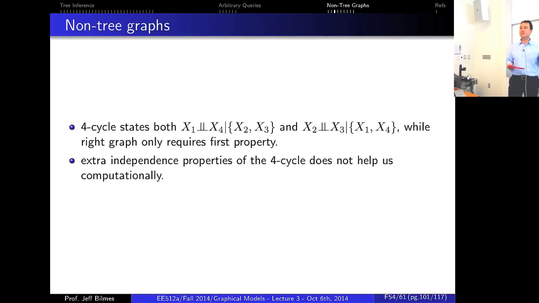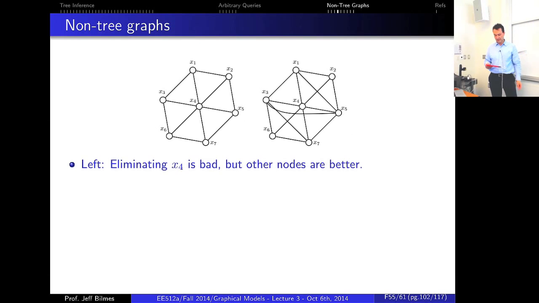How many possible elimination orders are there in a graph with n vertices? n factorial. None of the n factorial ones lead you to perfect, which means there's nothing that can utilize all of the properties that the graph states.